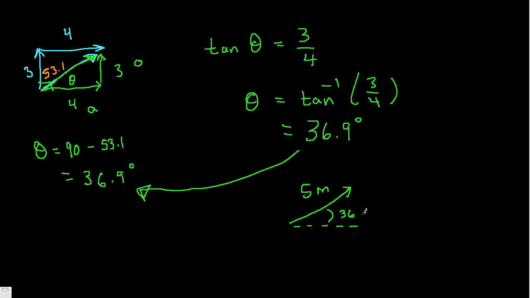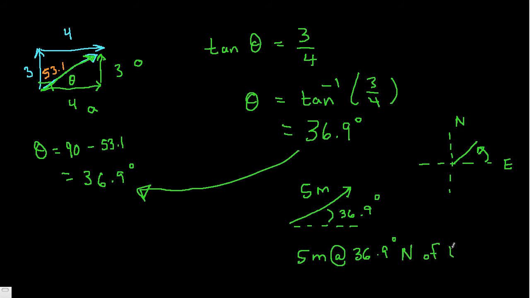So we would answer 5 meters at 36.9 degrees, and now we seem to have rotated from east towards the north, so north of east.